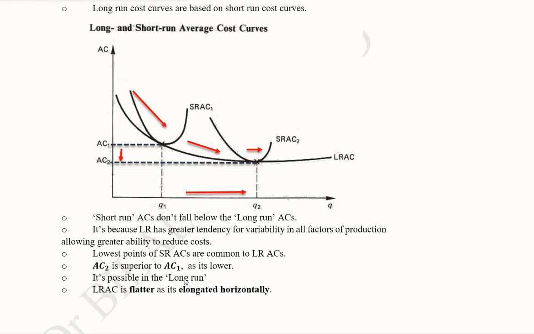It is possible in the long run, and when we look at the long run average cost curve, it is flatter and it is definitely elongated horizontally. As you can see, it is quite elongated, as if we have stretched it from the sides, and it is also, in other words, flatter as compared to these short run average cost curves that are having greater curvature.